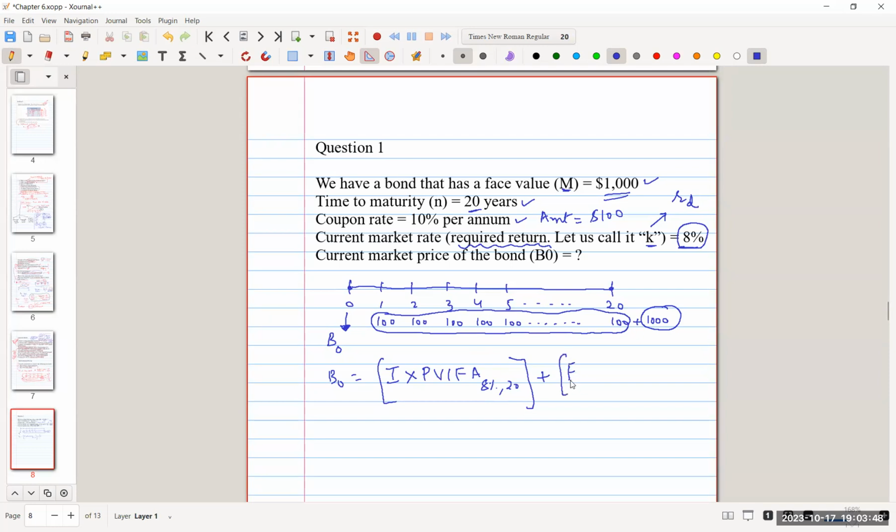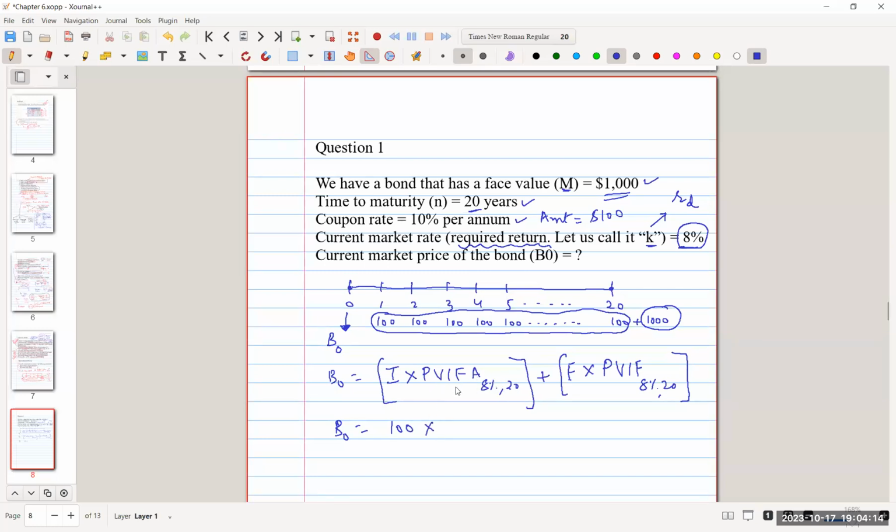Because we want to find its present value, this 1,000 we will receive after 20 years. So in present value terms, what is it worth? Multiply by the present value interest factor of $1, because this is not an annuity, at 8% for 20 periods. Then we can substitute the numbers, 100, and multiply with the factor.